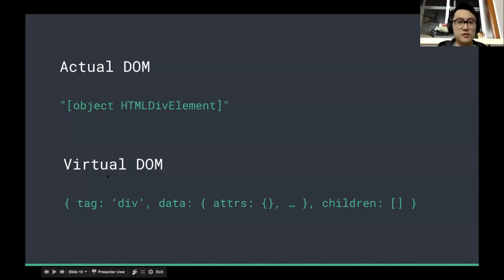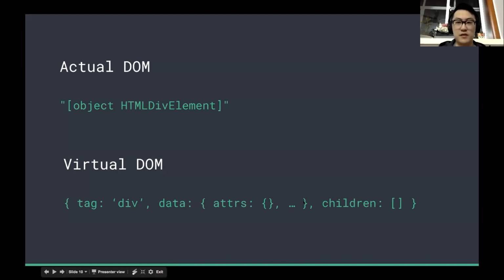And the virtual DOM object, in comparison, returned by Vue's $createElement method, is just a plain JavaScript object. If you inspect it, you will see that it has a tag attribute, which is this div, and a data object, which contains what attributes it has, and some other additional things that Vue relies on internally.